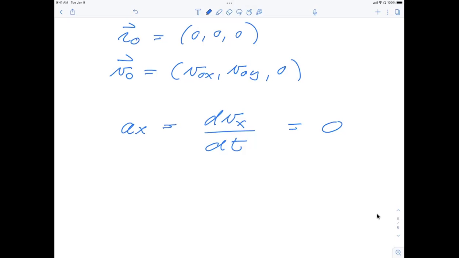Do you need to do any calculations for this case? So what would the answer be? Yeah, it's just a constant velocity, right? So you start with an initial velocity.